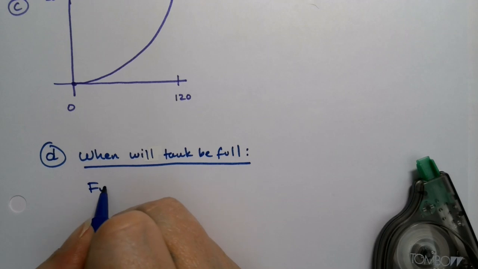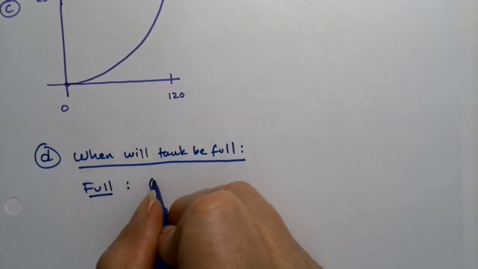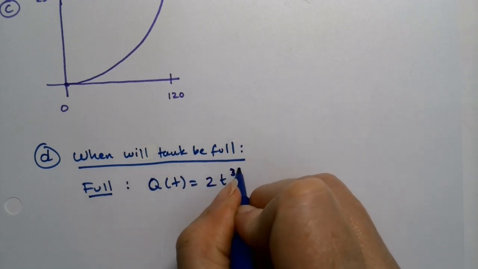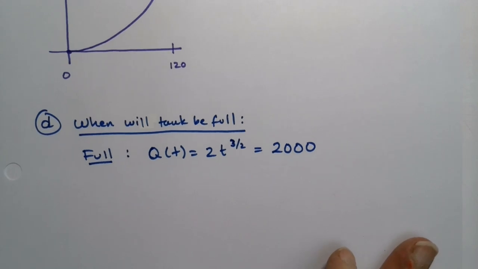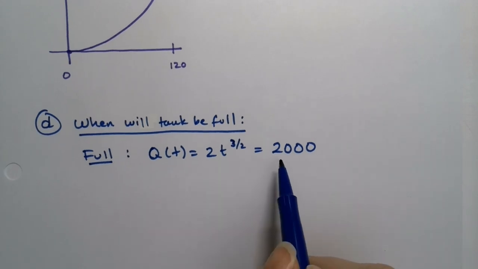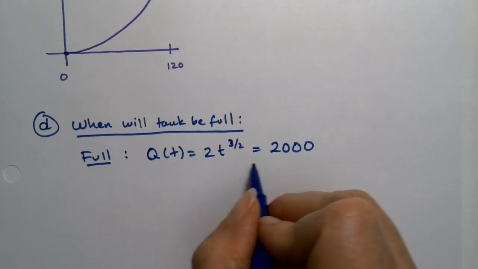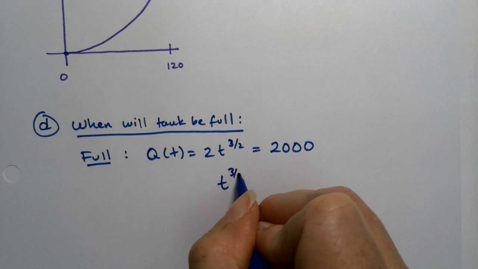Full would mean that q of t, which was 2t to the 3/2, is equal to 2,000, because it said it was a 2,000 liter tank. Solving this for t shouldn't be too difficult. We divide both sides by 2. We get t to the 3/2 is equal to 1,000.